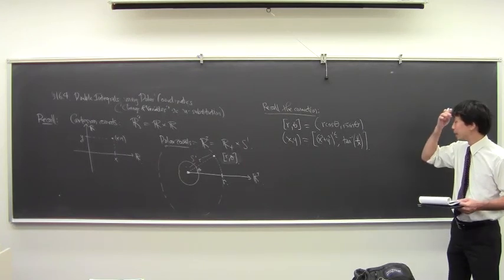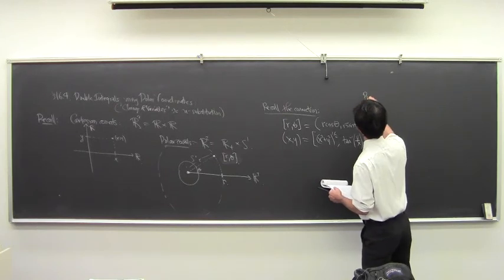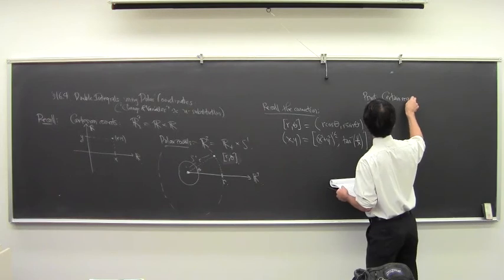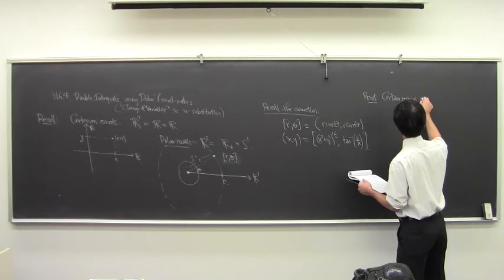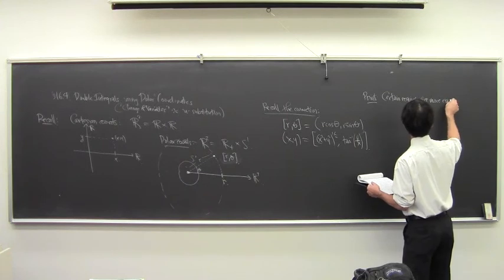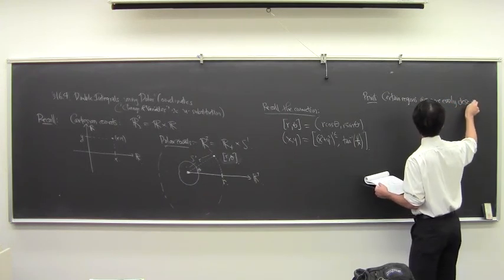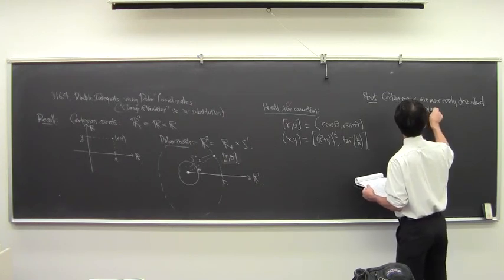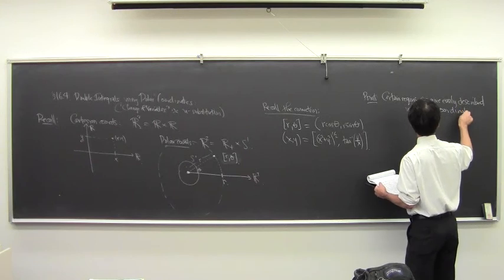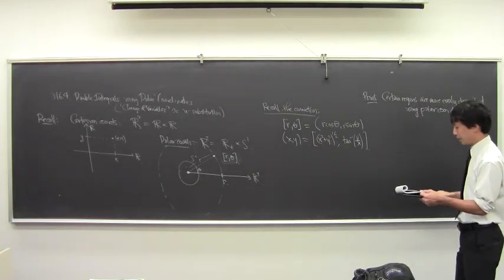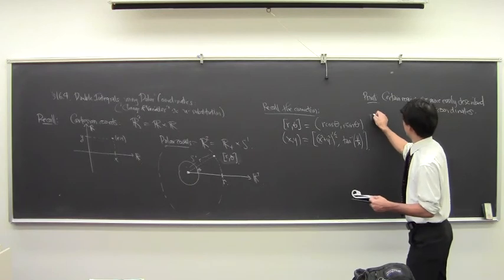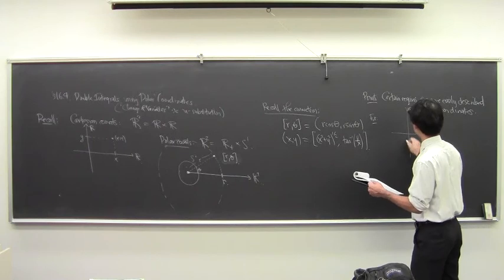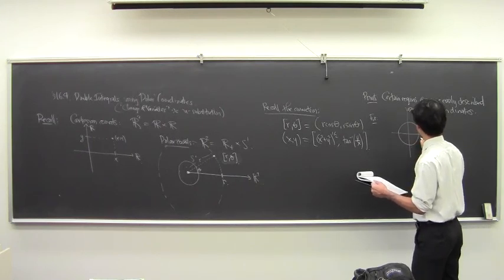So what's the point? For us, the point will be that certain regions are more easily described using polar coordinates. For example, have a circle of radius a.